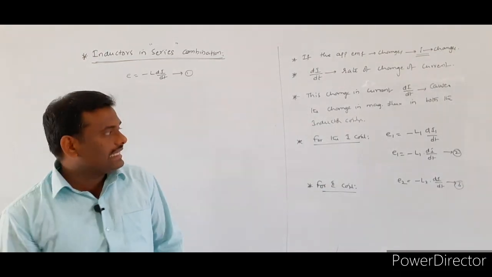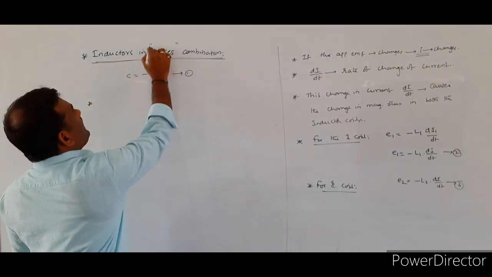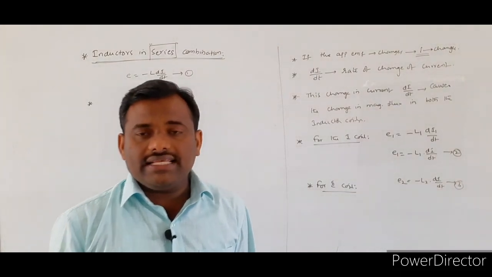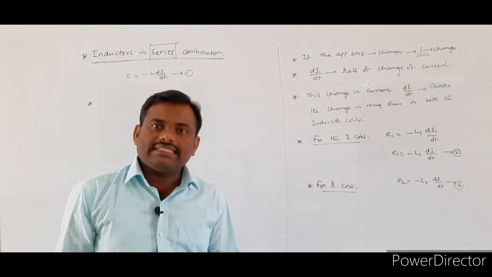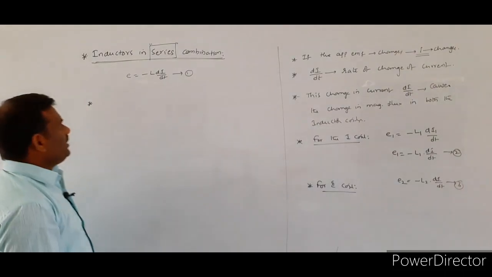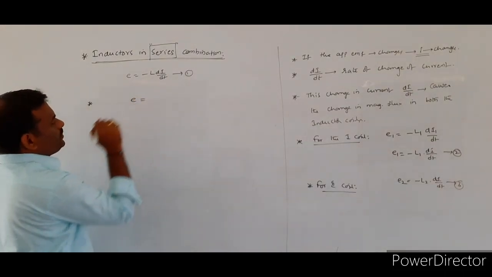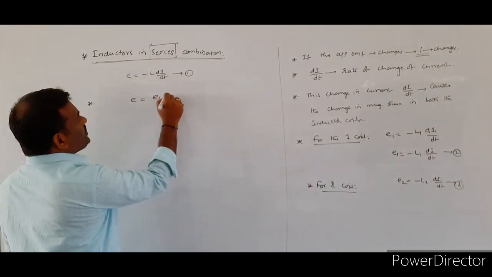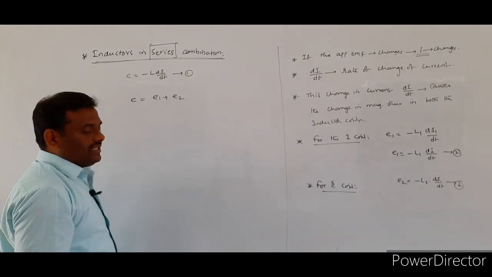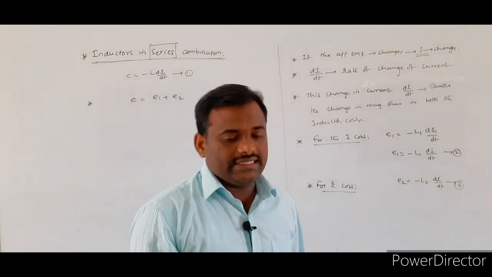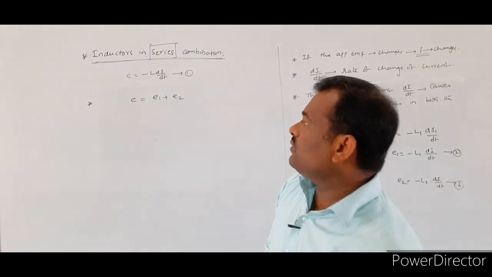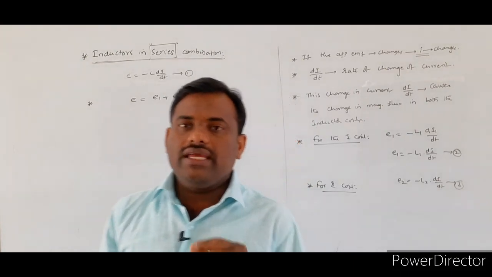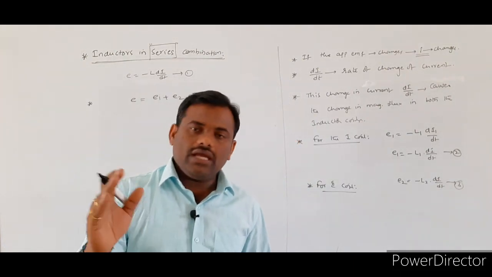In the given circuit, the two inductor coils are present in series combination. In the case of series combination, the applied potential value is equal to the sum of the potential drops across each and every coil.